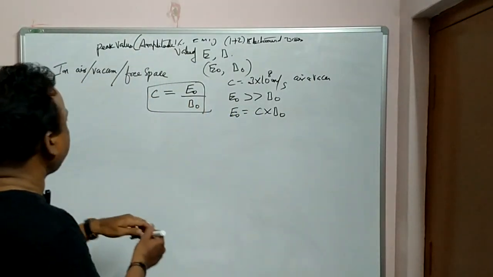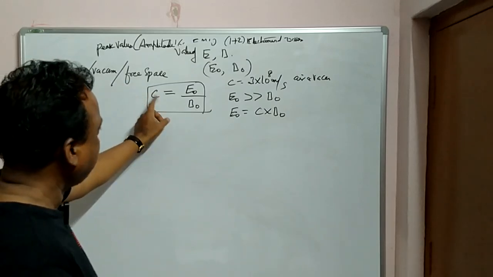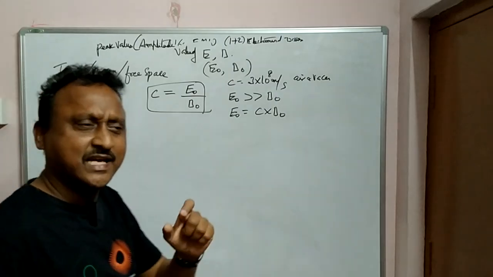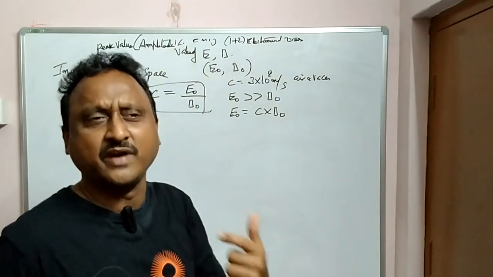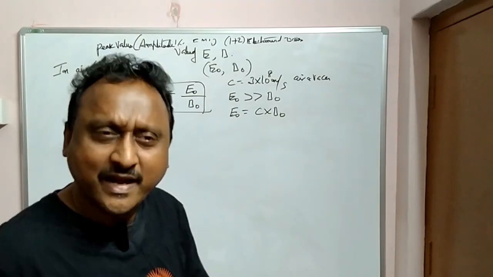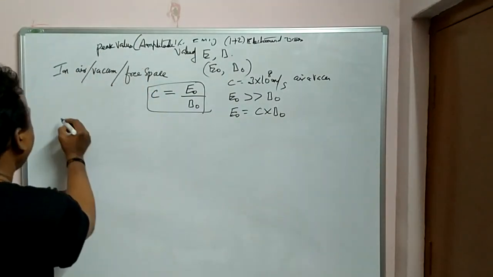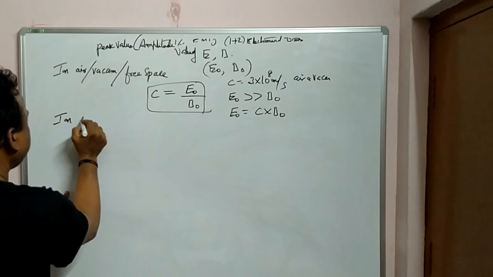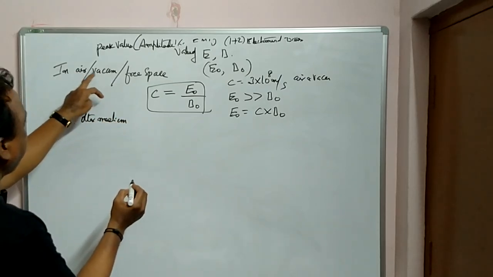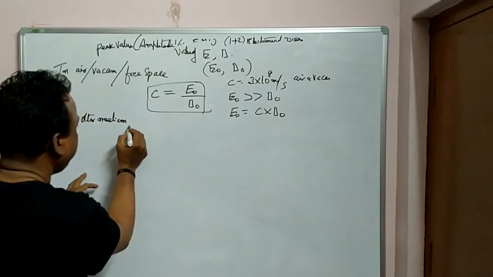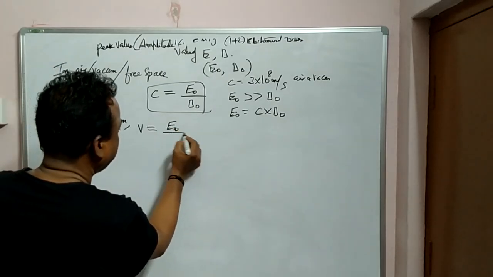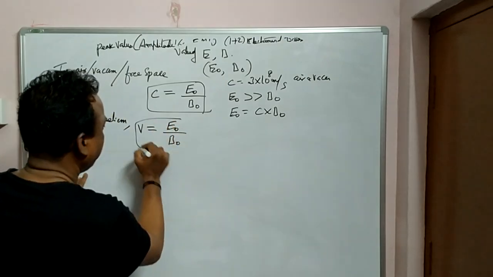So this is the first formula: in air, vacuum or free space, the velocity or speed of light is E0 by B0, where E0 is the amplitude, the maximum value of the electric vector, and B0 is the amplitude, the peak value of the magnetic vector. Similarly, in any other medium, that is, when it is not air, vacuum or free space, the speed of light is taken as v equal to E0 by B0.